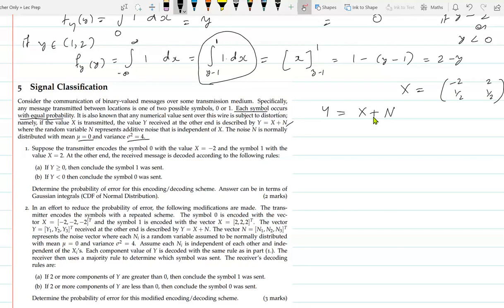What is the probability density function of y? What is the distribution of y? Let's look at the density function of y conditioned on x equal to, let's say, 2. Could you tell me what this is?